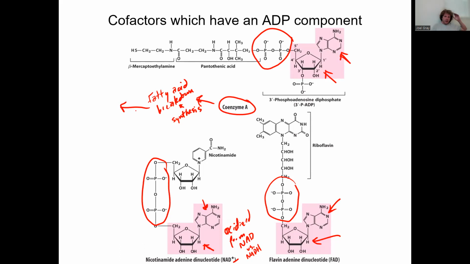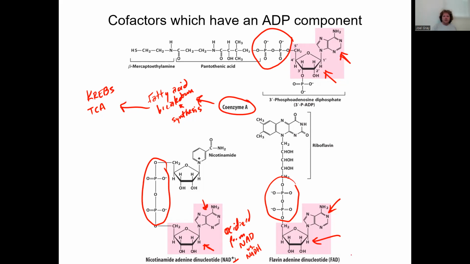If you've taken a biology class, you've probably talked about the Krebs cycle or the TCA cycle, and this is all the exact same thing. The Krebs cycle, the TCA or tricarboxylic acid cycle. Coenzyme A is involved in that.